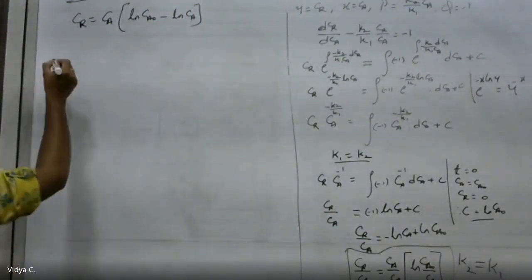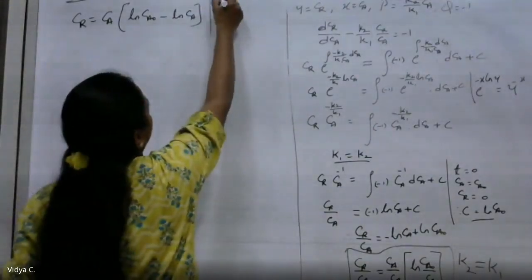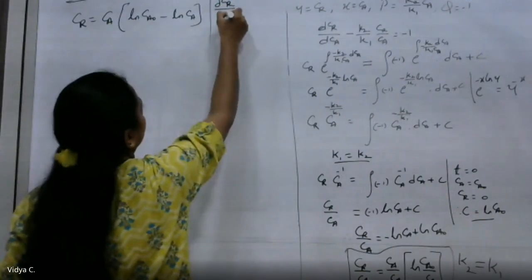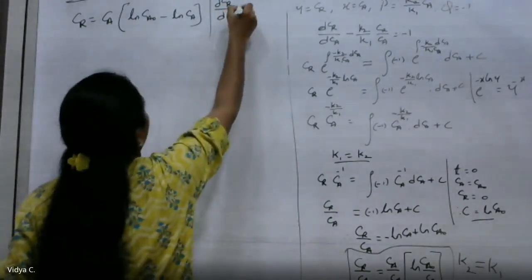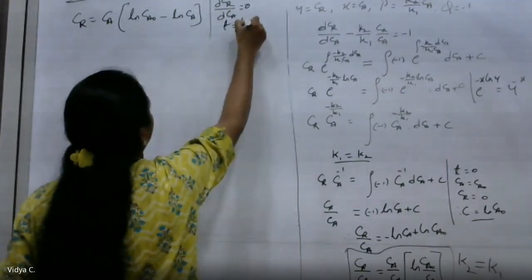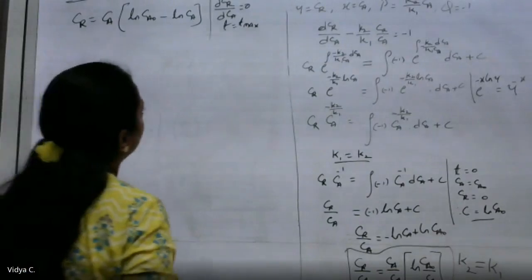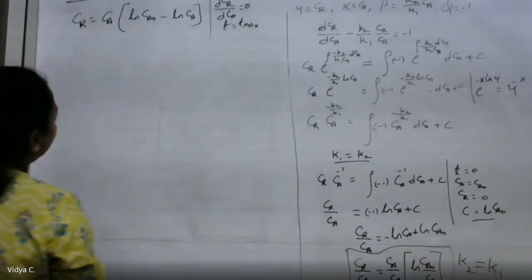So how to find CR max? You just recollect what you have done in previous derivation. DCR by DCA will be equal to 0 at T is equal to T max. So at T max, DCR by DCA will be equal to 0.